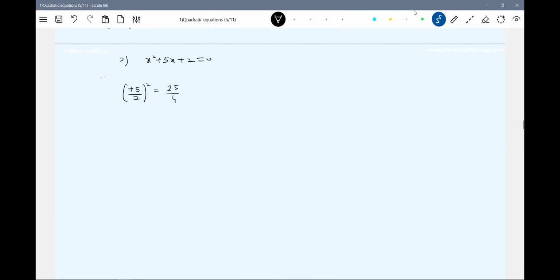Then what should we do? We should add that 25 by 4 to both LHS and RHS. I'm adding 25 by 4. Now let's simplify this one.